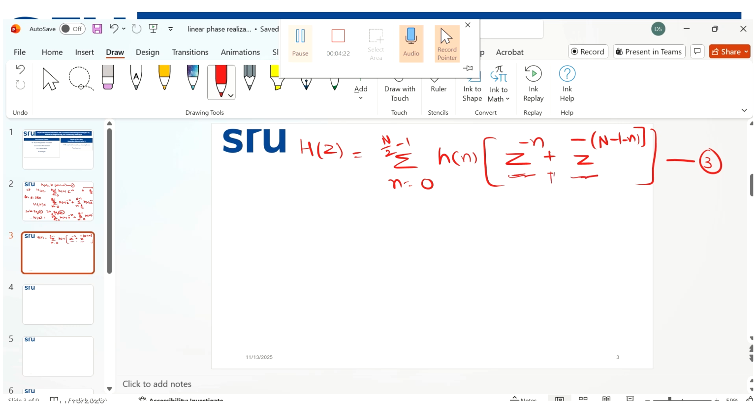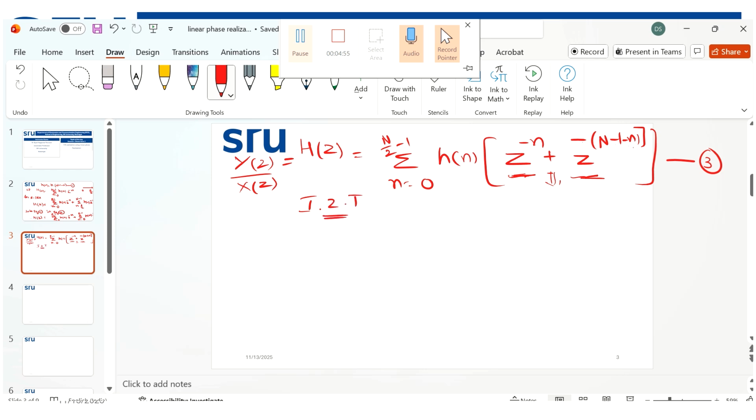We have an adder to combine the first value as well as the last value. Suppose n equals 1, then I have z power minus 1 and z power minus (N minus 2), right? If you are drawing this as a structure, H of z I can write as Y of z by X of z. Then cross multiply and apply the inverse z transformation, and the following structure I will get.